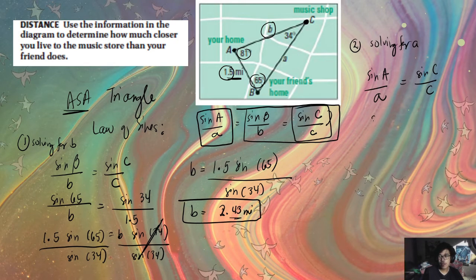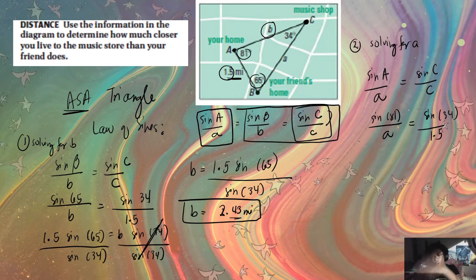So sine of 81 over A, the side that we're missing, is equal to sine of 34 over 1.5.